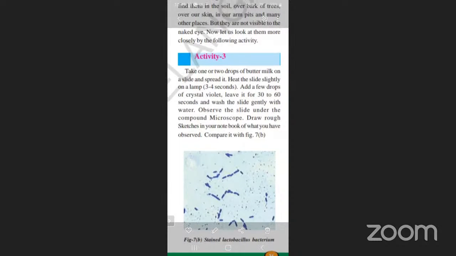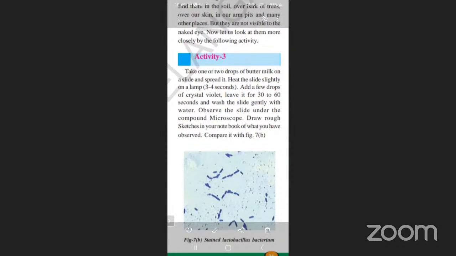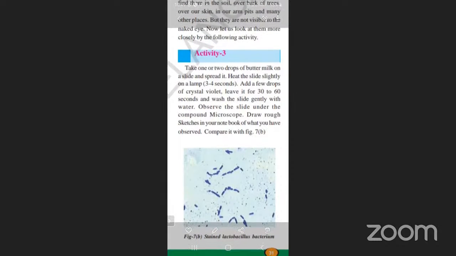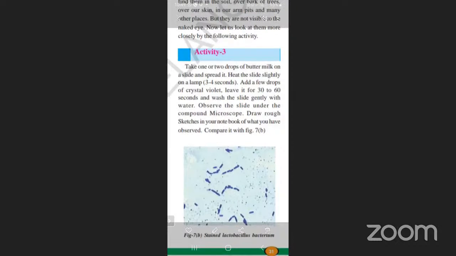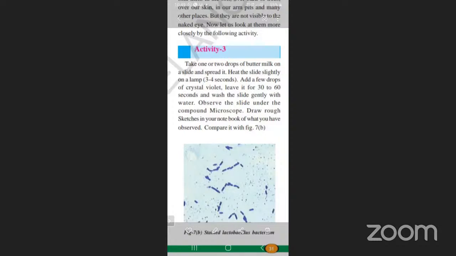You don't get full marks for the procedure only. They will mention, for example, half a mark for the aim, half a mark for the apparatus, one or two marks for the procedure, half a mark for the result, half a mark for the opinion, like that it will be divided. So if you write the procedure for three pages, there is no use. You will get only the marks considered, 1.5 or 2, as per the exam pattern.